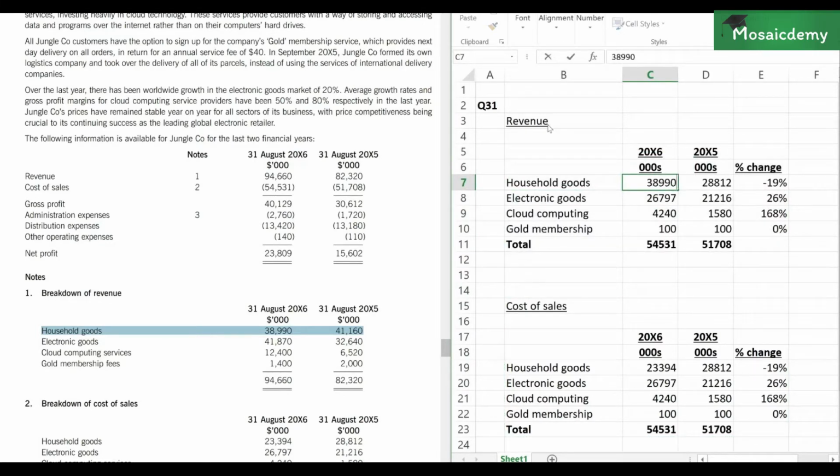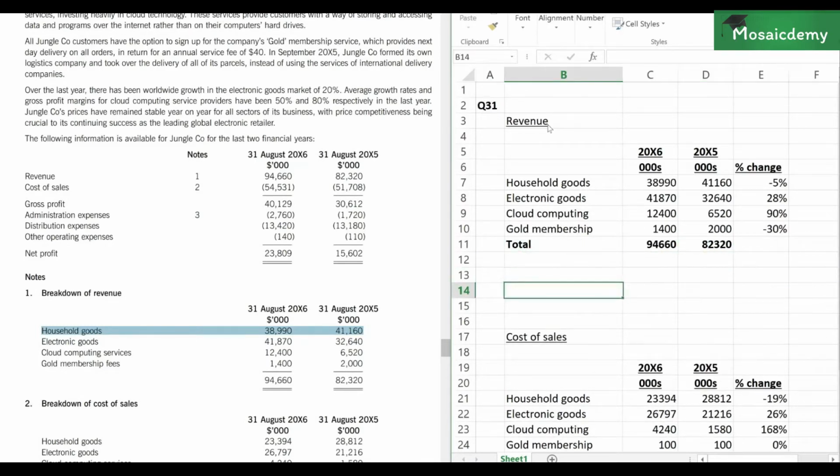So 38,990, 41,160, 41,870, 32,640, 12,400, 6,520, 1,400 and 2,000. Okay, and we can check 94,660, 82,320. Our totals match with theirs, so we got this, and we can now mention our point.